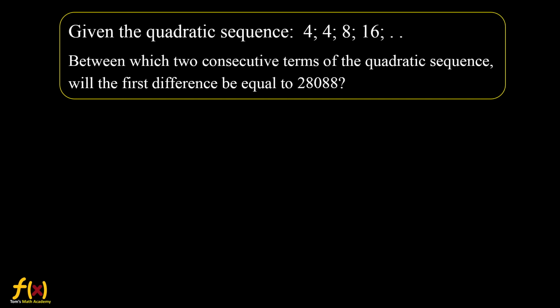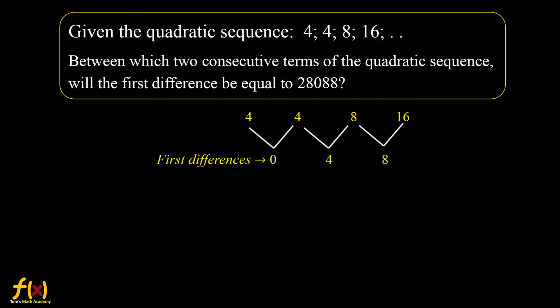So we have to calculate between which consecutive terms of the quadratic sequence. Okay, so let us go and find out the first differences. So we subtract T2 minus T1, T3 minus T2, T4 minus T3 will give us the first differences 0, 4, 8, etc.